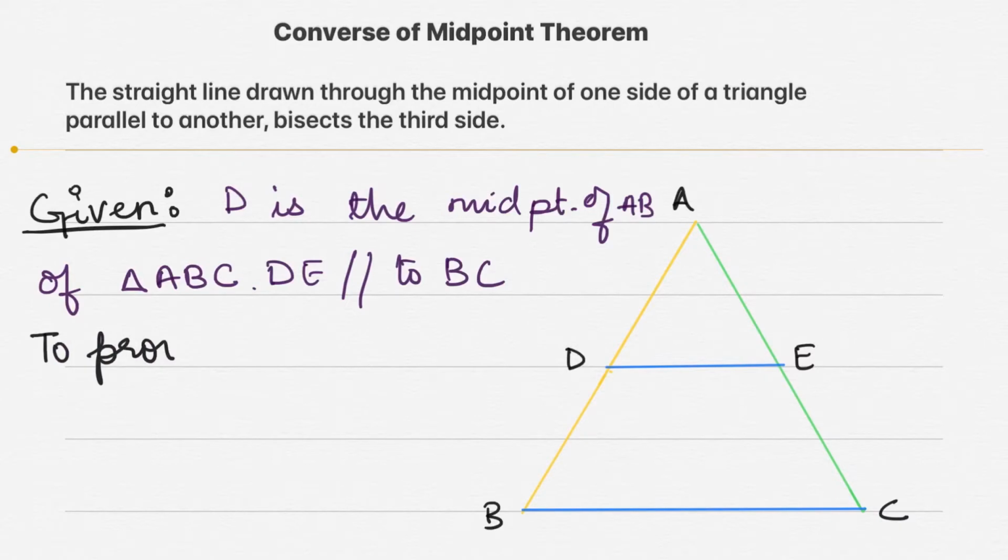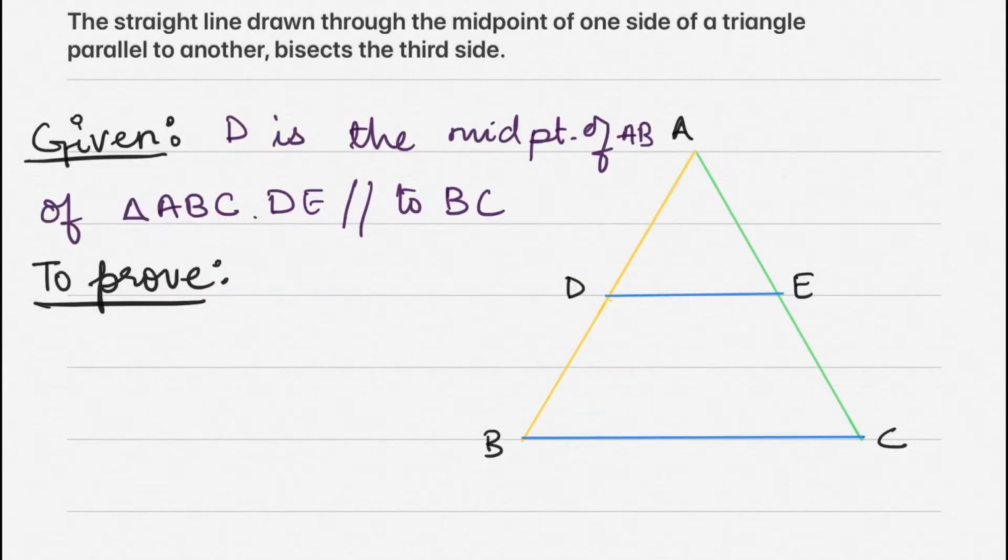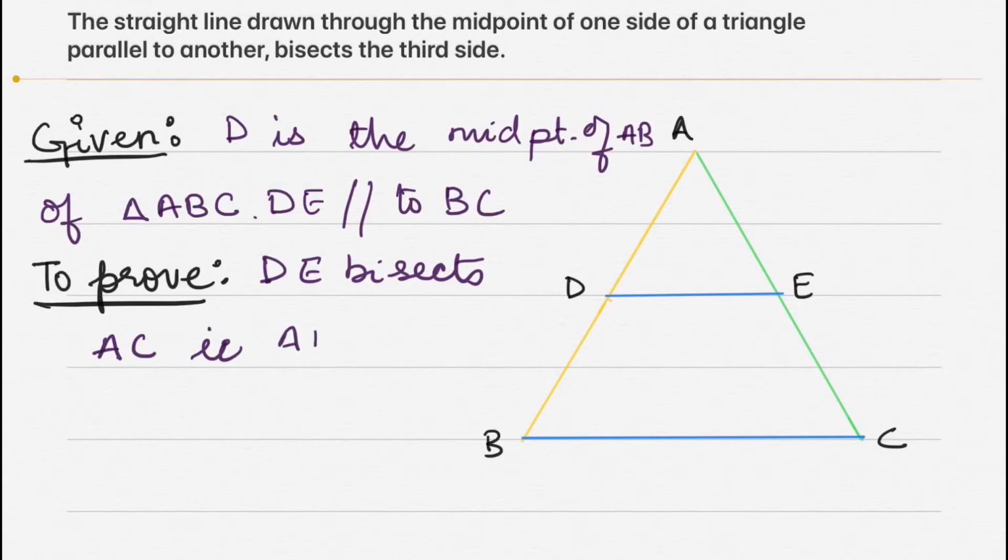Prove now. That's the second step. We have to prove bisects the third side, right? So DE bisects AC. That is my third side. So therefore we can say that I have to prove AE is equal to EC.